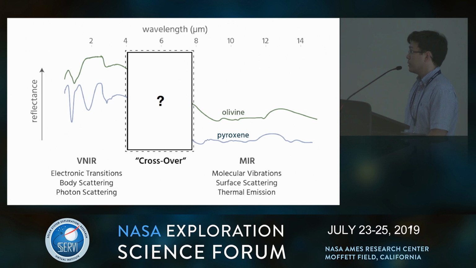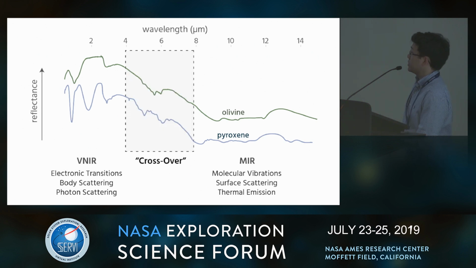While in the mid-infrared, we observe spectral bands that arise predominantly from molecular vibrations, and that is dominated by surface scattering and thermal emission of photons. This is a generally schematic plot where on the top axis we have wavelength, and on the left axis we have reflectance.